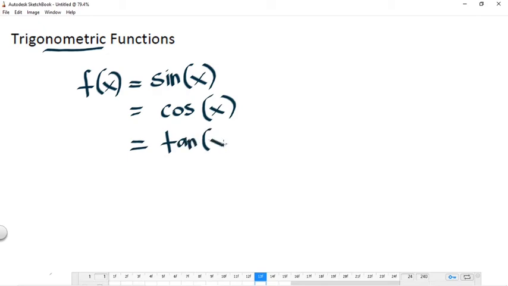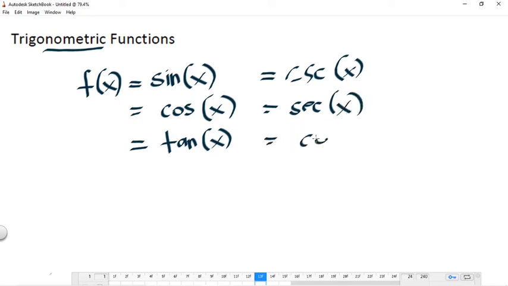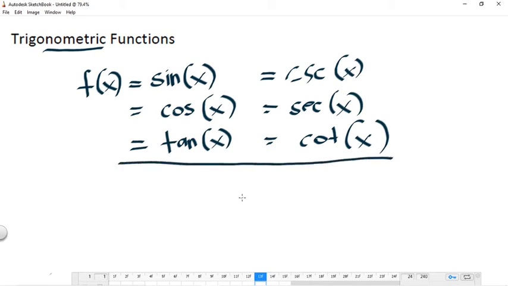And let's not forget their inverse counterparts, which are cosecant of x, secant of x, and finally, cotangent of x. These functions provide the relationship between the angle and even the sides of a particular right triangle.